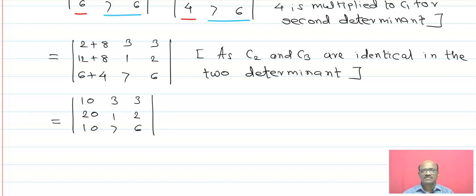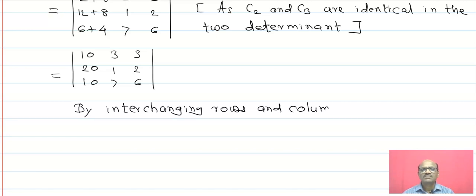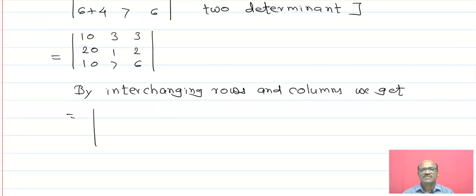Therefore, by interchanging rows and columns, we get 10, 20, 10, 3, 1, 7, 3, 2, 6.